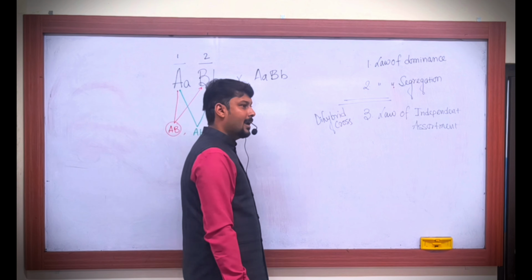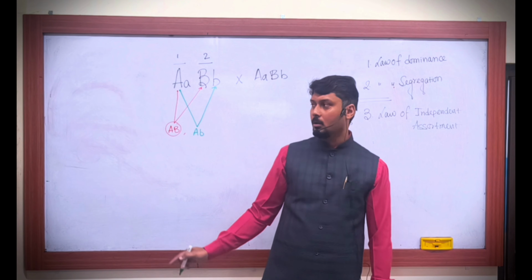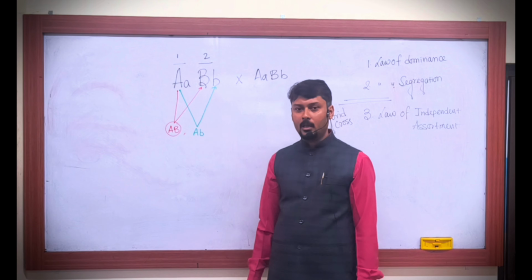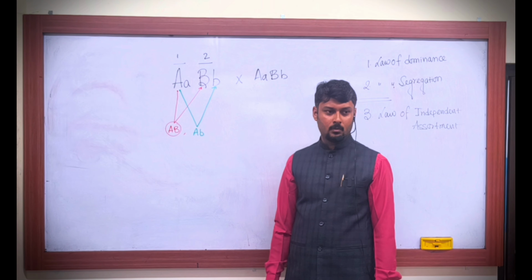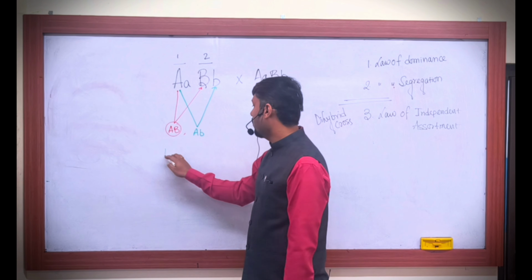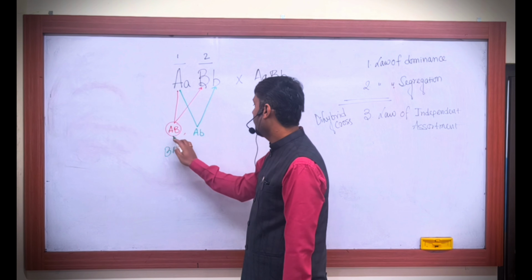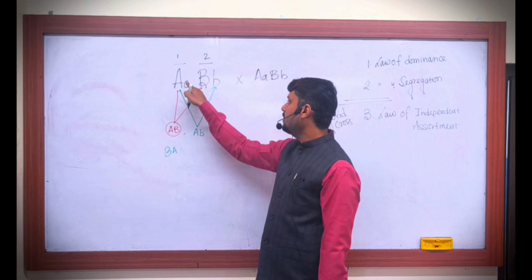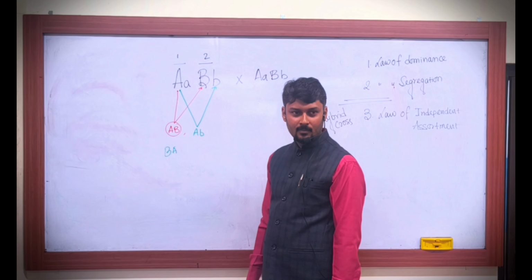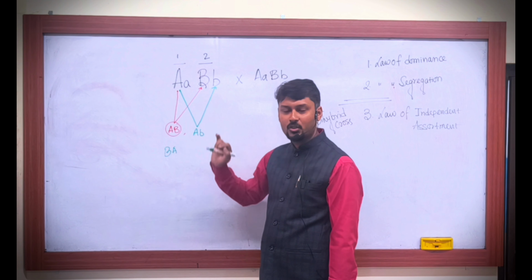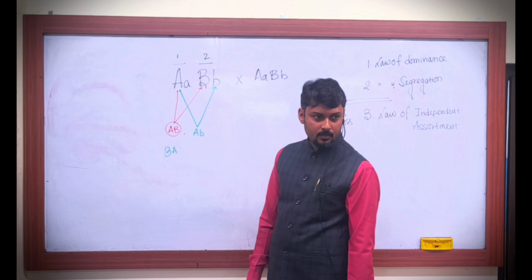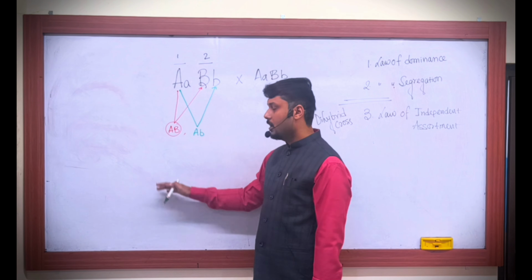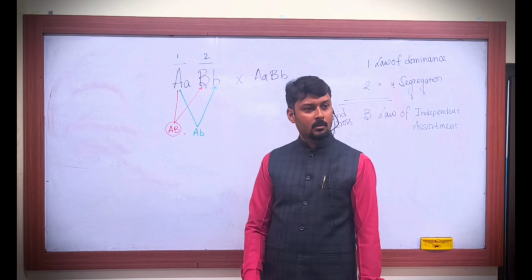Now, sir, can I write small b capital A or capital B capital A? No. I cannot write this in place of this. Why? Because the first gene is the A gene, that's why I have written A first. Clear? I cannot change the position. Let's say right now this is a biology class.